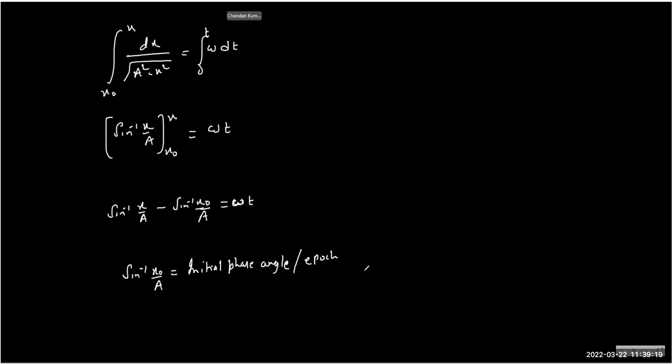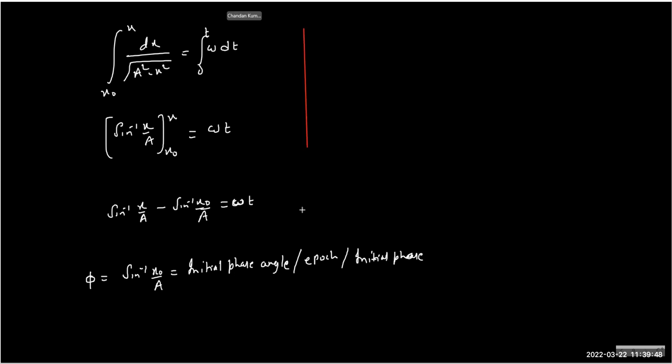So this is called initial phase angle or epoch, or in most of the literature people just call it initial phase. They don't use the word angle because that's understood. And for this we have a nice symbol, phi.